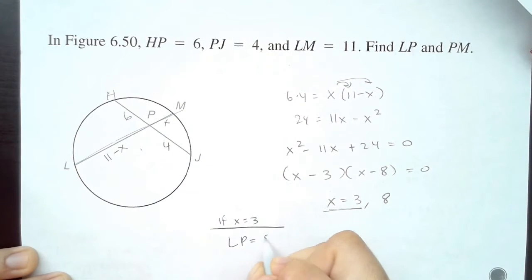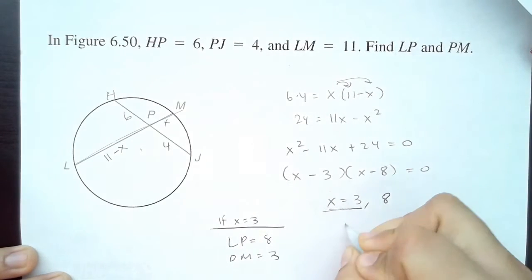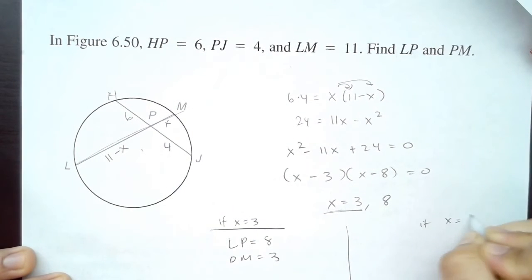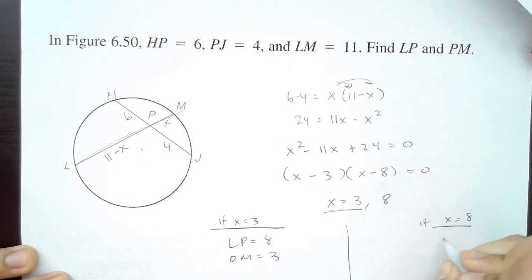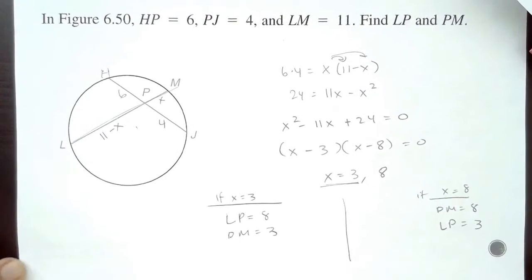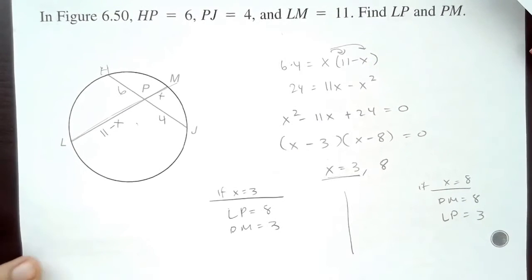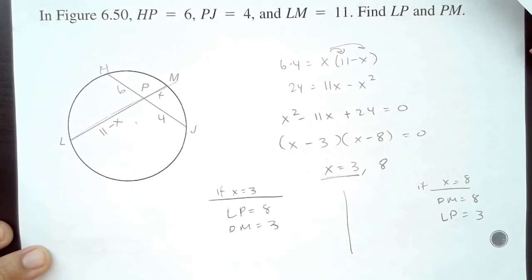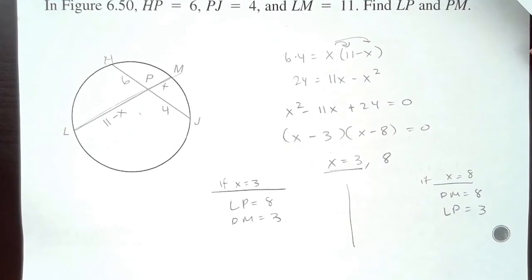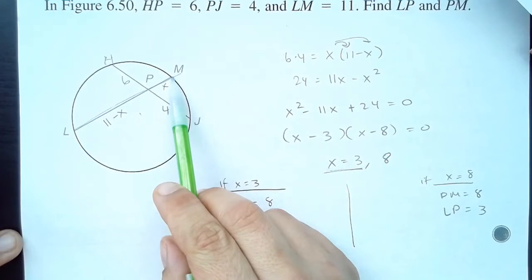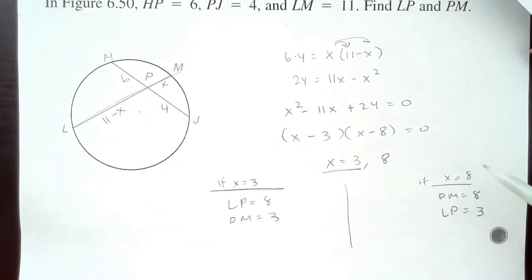And if x is equal to 8, we have that PM is equal to 8 and LP will be equal to 3. Okay, so that's that. I think in the book it has it flipped, but that's fine. It's the same. They let this be x and this be 11 minus x, but it doesn't matter, because either way you get 8 and 3.